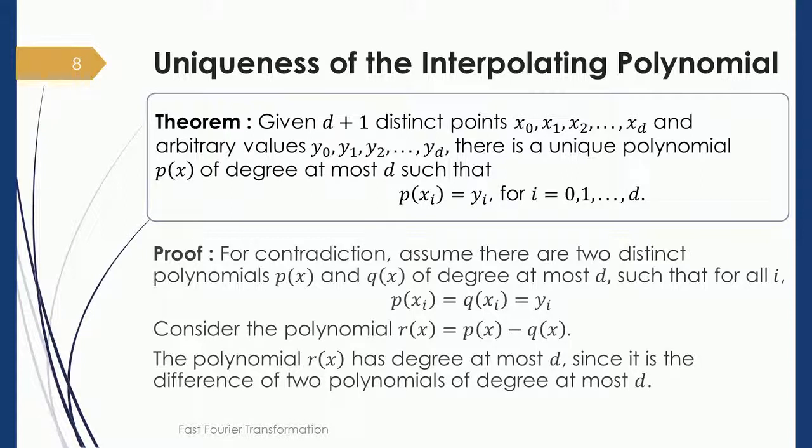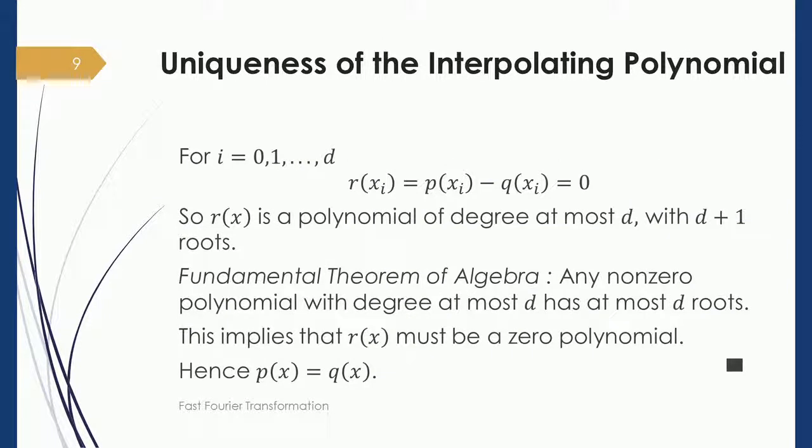Now, notice that polynomial R of x must also have degree at most d, because it is simply a polynomial of degree at most d minus another polynomial of degree at most d. And this R of x must evaluate to 0 at each of the interpolating points. So, R of x sub i is essentially P of x sub i minus Q of x sub i.